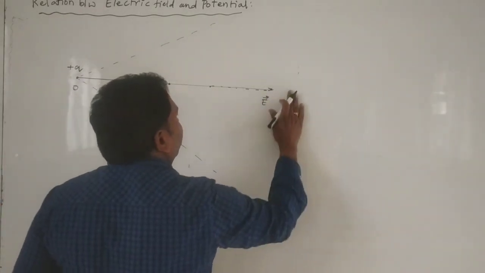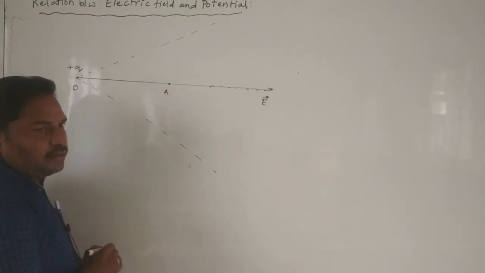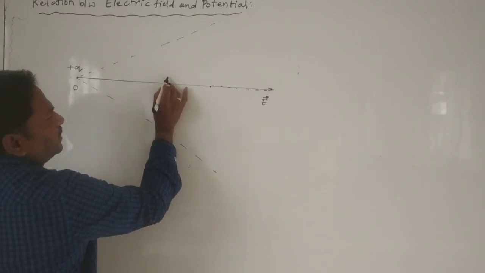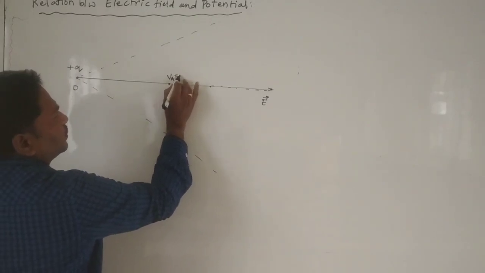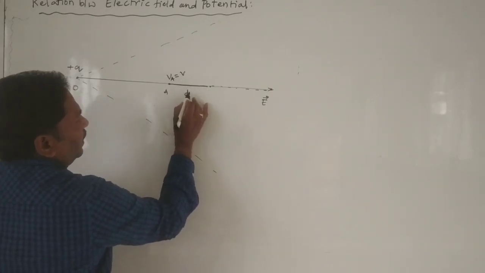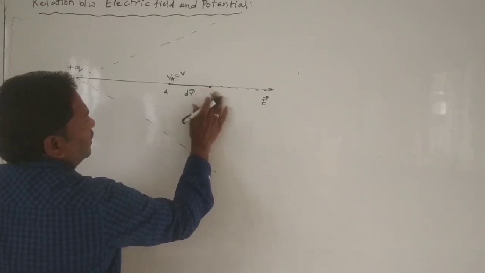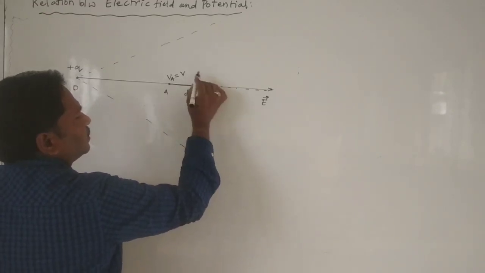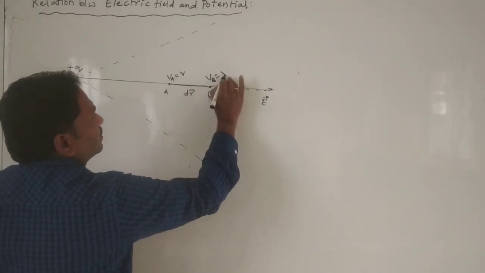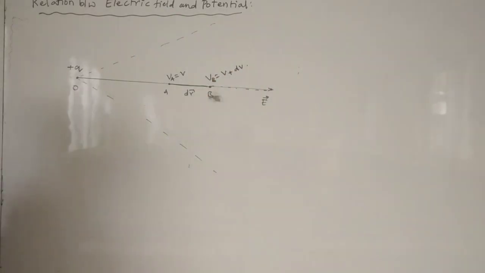So this is the point A. It's a charge Q. Its potential is VA equals V. So there is a displacement, dr bar, to a point B. Due to the displacement, we produce a small difference in the potential.